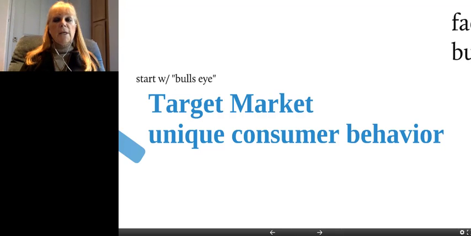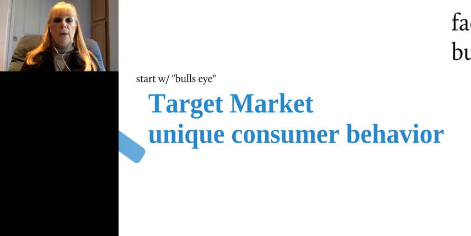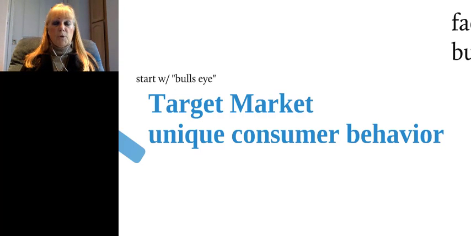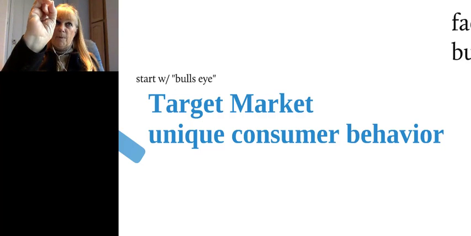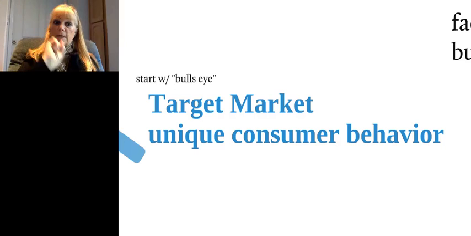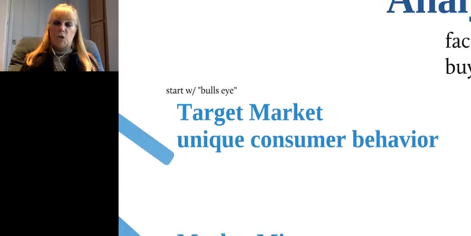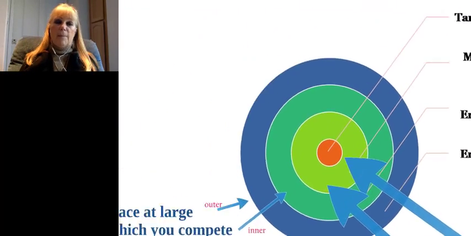Now, generally when we talk to you about picking a target market, and we'll talk a lot more about that as we get to Chapter 9 and look at how we segment, target, and position a product, once you pick that bullseye, with that comes a set of very distinct consumer behaviors and a set of constraints.